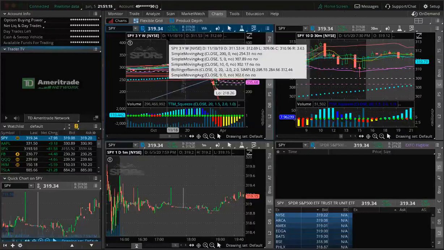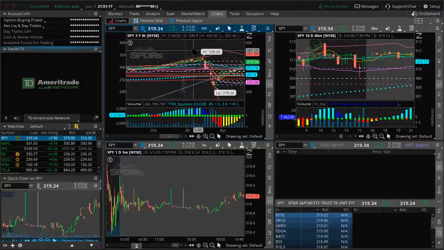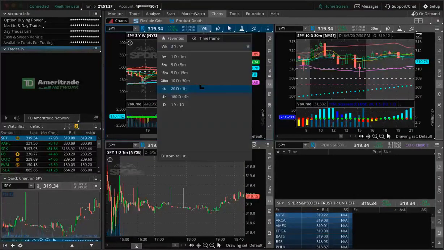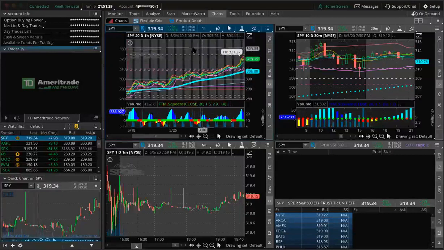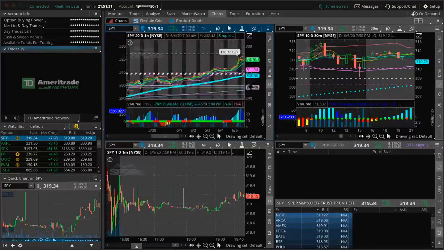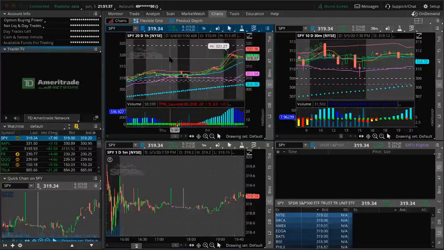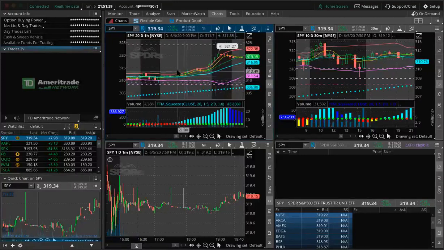But yeah, another strategy I wanted to show you guys was the mid Bollinger Band bounce. Let me just pull up a smaller time frame. All right, let's just check out the 1 hour on SPY today.